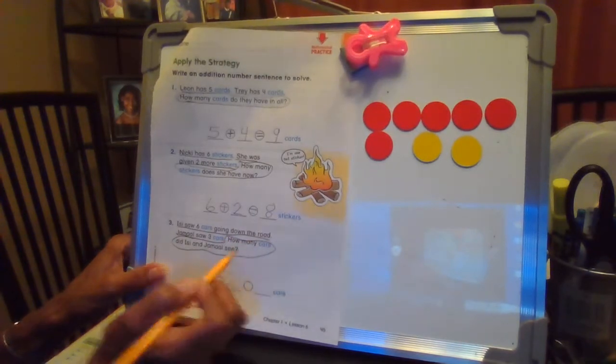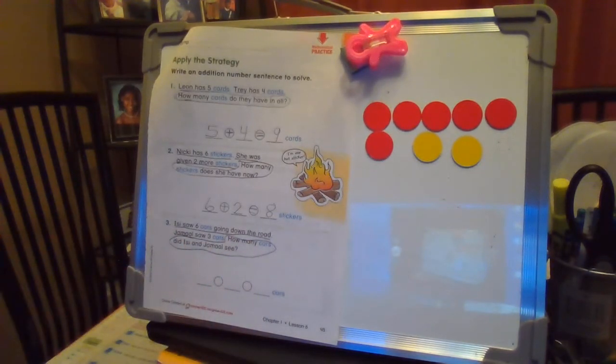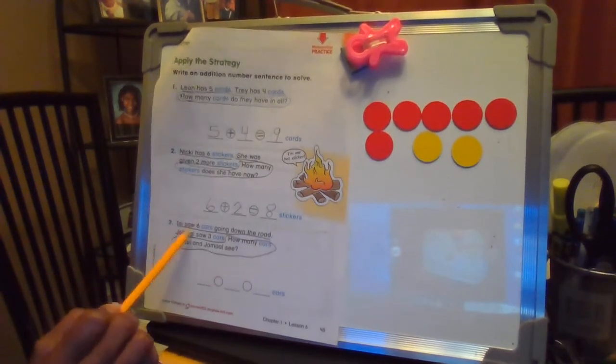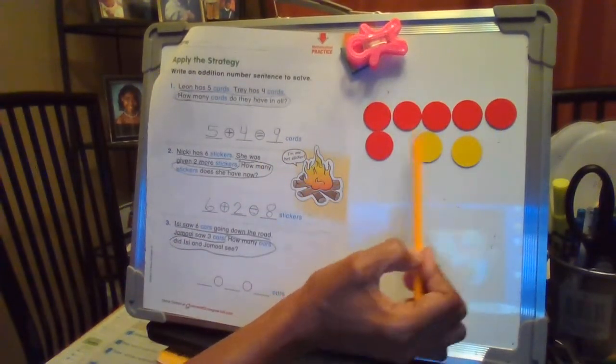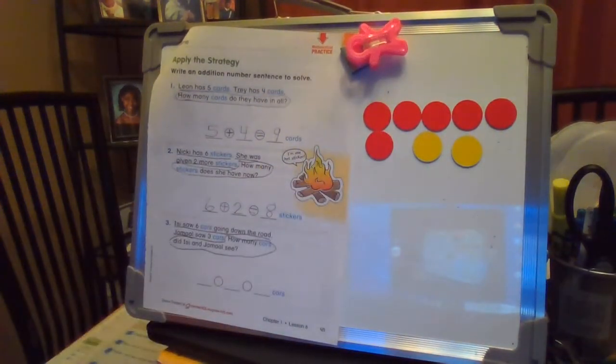Okay. And then I got to plan how I'm going to solve it. I know how I can solve it. I could write a number sentence. Now I get to show Icy saw 6 cars. So 1, 2, 3, 4, 5, 6. And Jamal saw 3 cars.